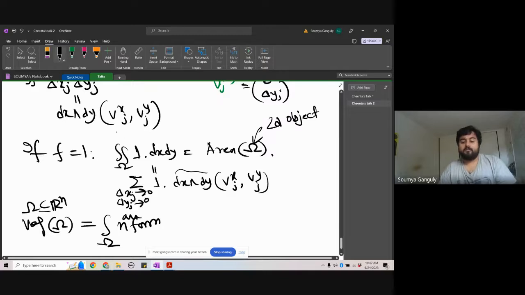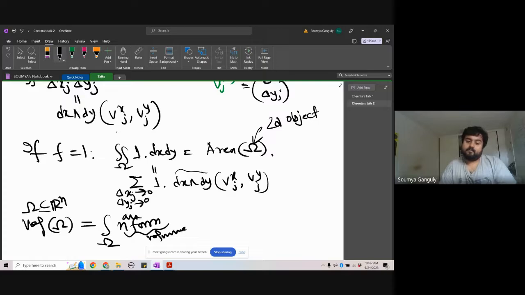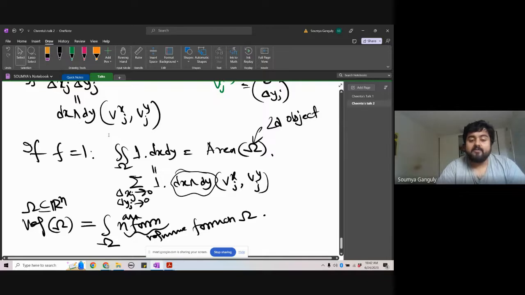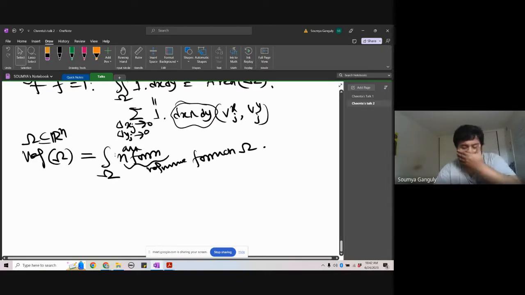This n form is called the volume form on omega, which was dx wedge dy when we had an omega domain in R2. So the integral of an n form on Rn will give you the volume of a subset of Rn.